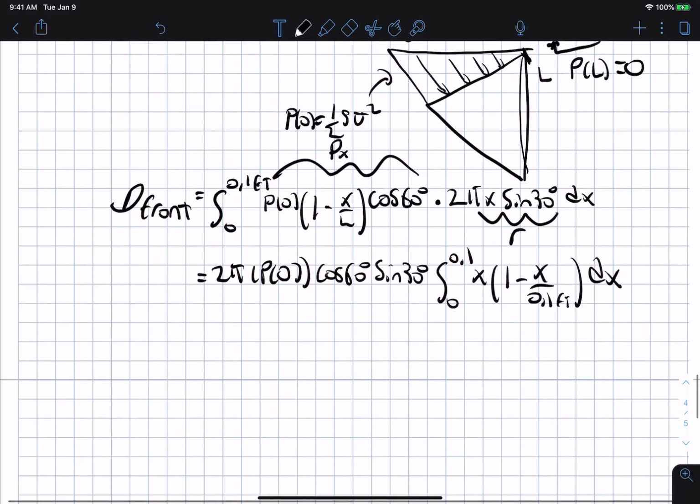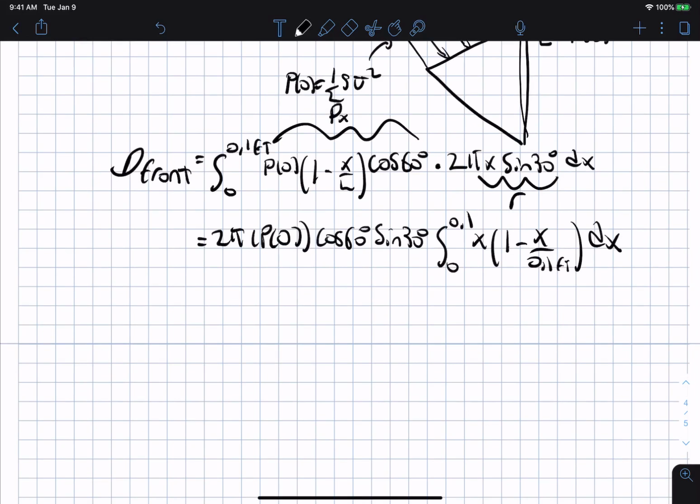And if we stick in the numbers, this equals 0.001309 rho u squared, which is the drag on the front. Okay, because that's P naught equals 1/2 rho u squared.